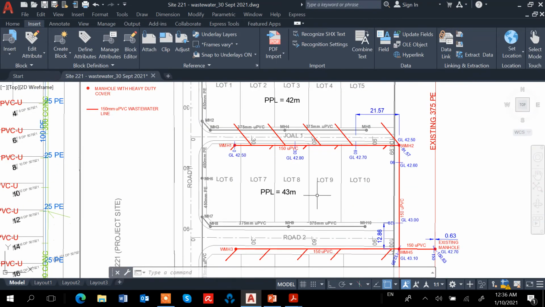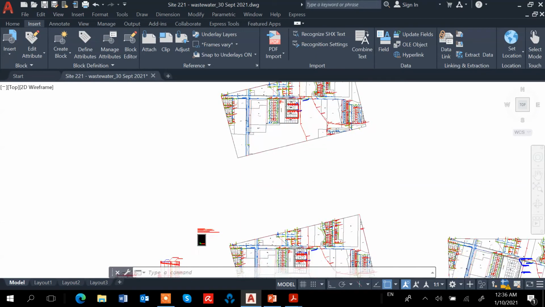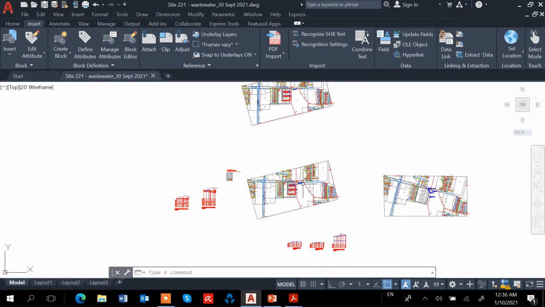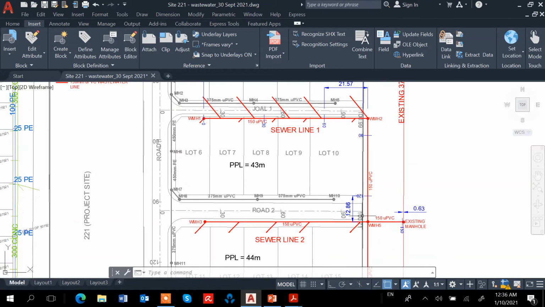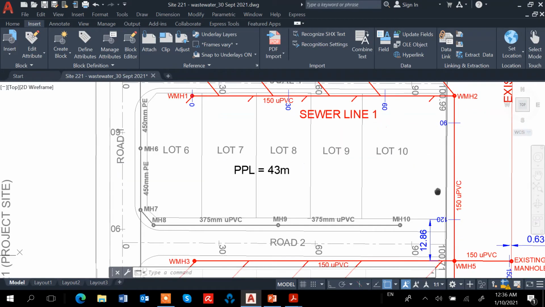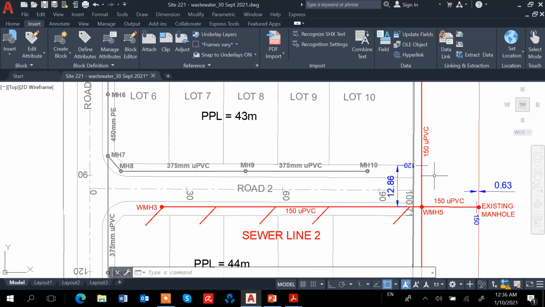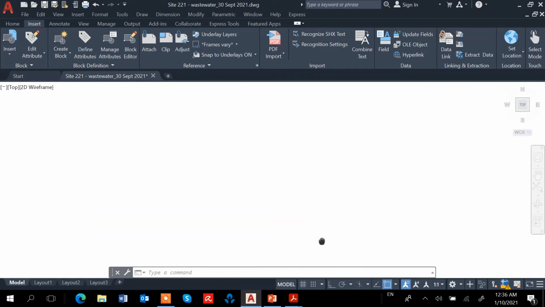So I have the chainage here. You can see that 0, 30, I just do it for silver line one: 0, 30, 60, 90, and 120, 150. And also I identified the, I think it's up there, I've done that as well.